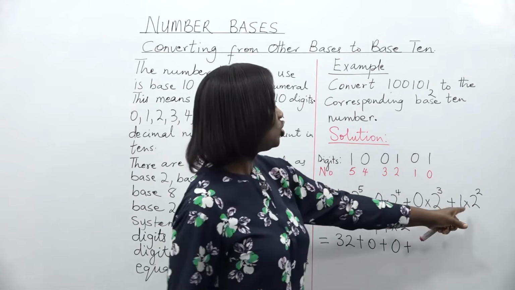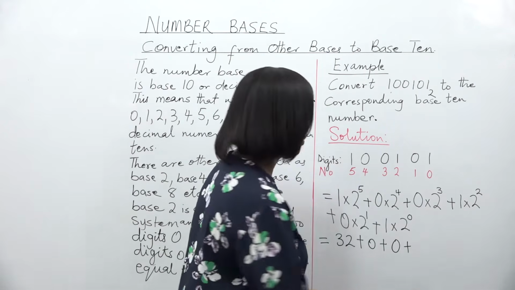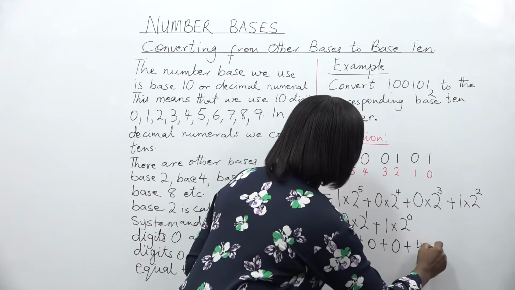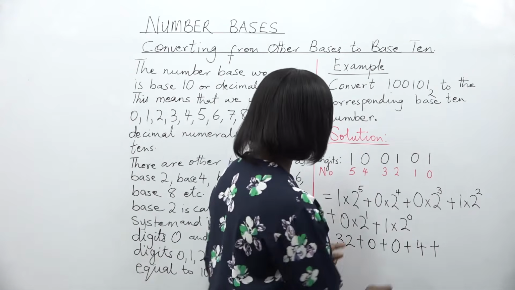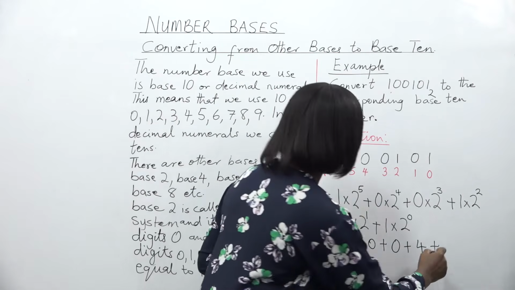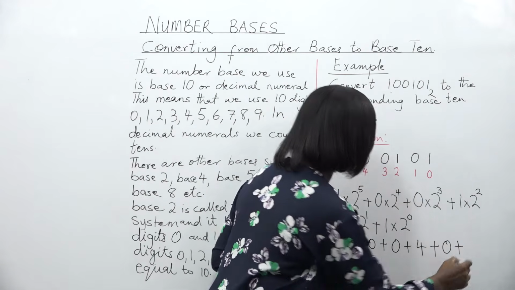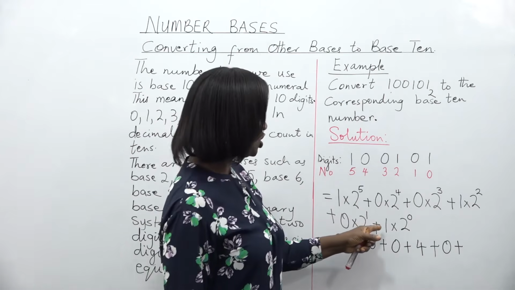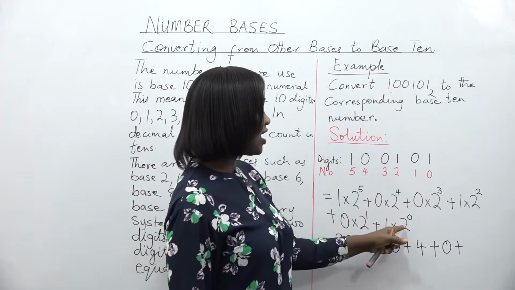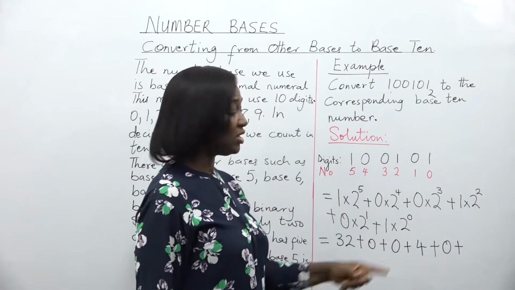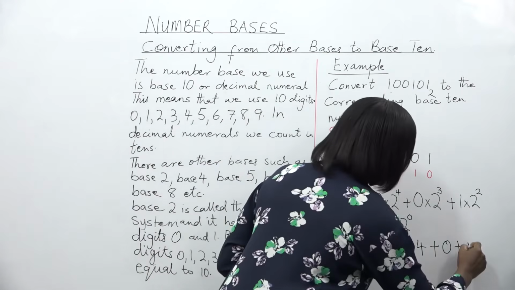Plus, 2 to power 2 times 1, that is 4. Plus, we have another 0 here, because it's 0 times 2 to power 1. Plus, the last multiplication, 2 to power 0 times 1 is 1, because any number raised to power 0 is equal to 1. And 1 times 1 is 1.